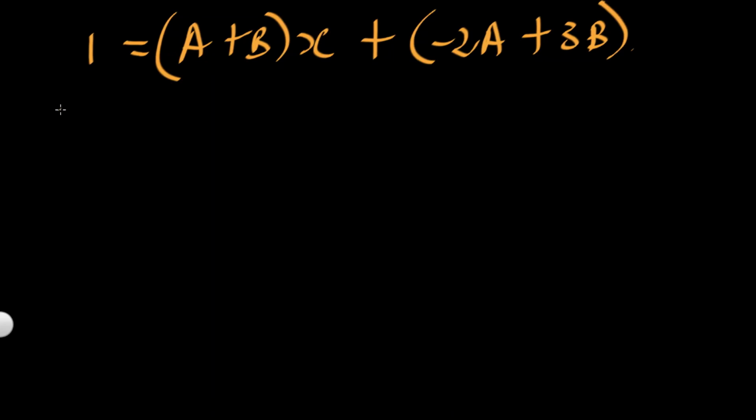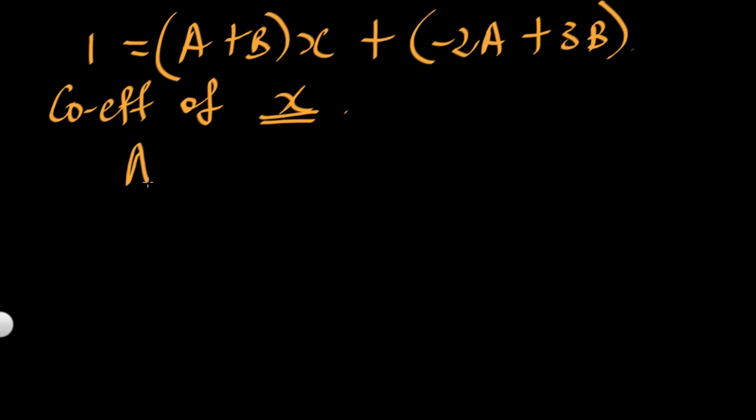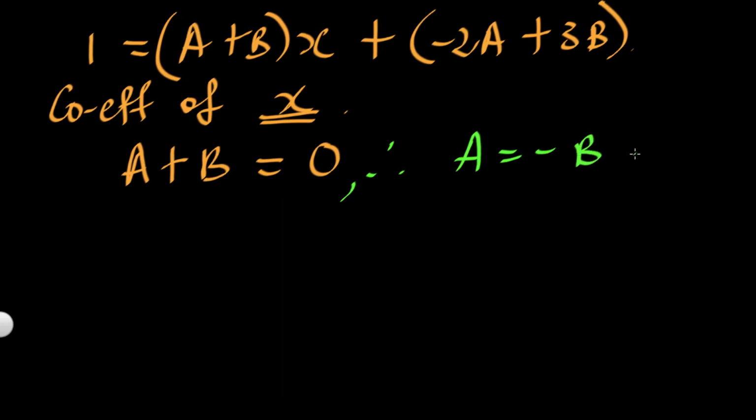Let's start with coefficients of x. To the left hand side, the coefficient of x is 0. To the right hand side, the coefficient of x is a plus b. So a plus b should be equals to 0, because on the left hand side, we don't have anything with an x. It means the coefficient of x that side is 0. Therefore, a is equals to minus b. We leave it like this.